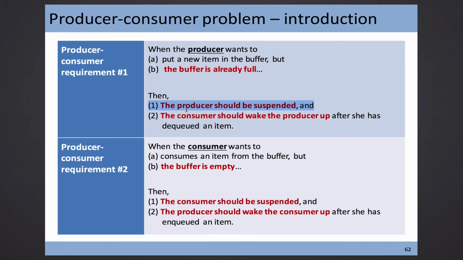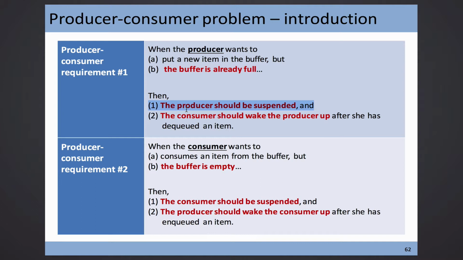We choose to use the term suspended because we don't know how it is done, okay? But as long as you are concerned with the use of semaphore, then suspension means that I call down and I'm blocked until another party rescues me by calling up, so that I will wake up, okay?